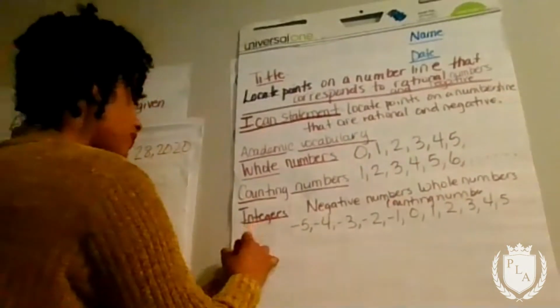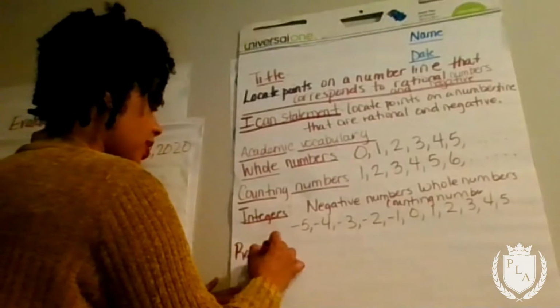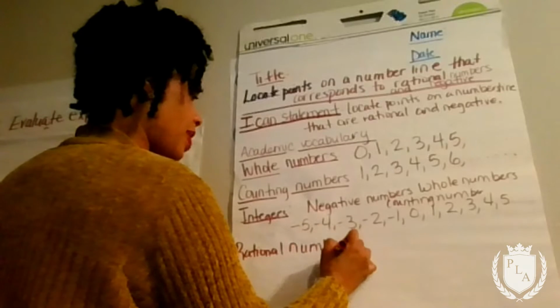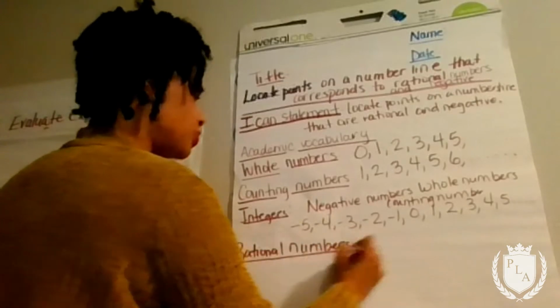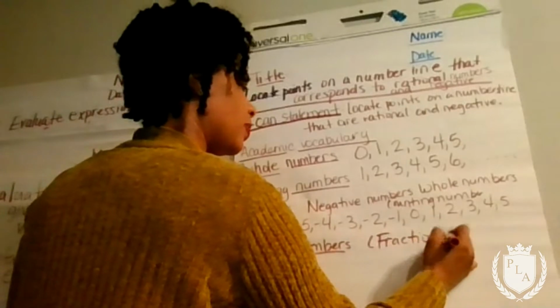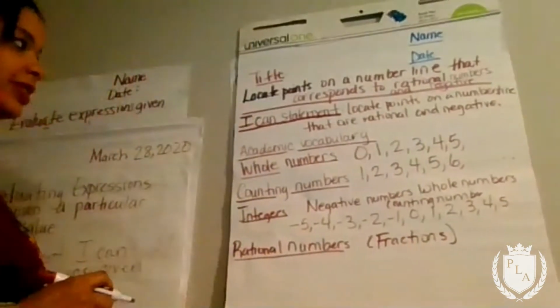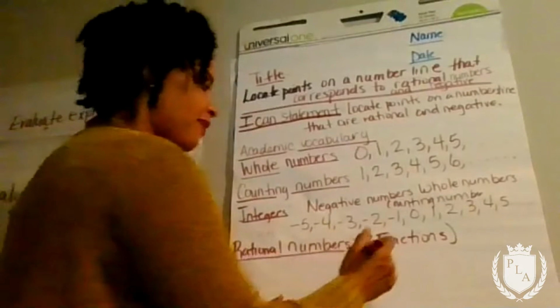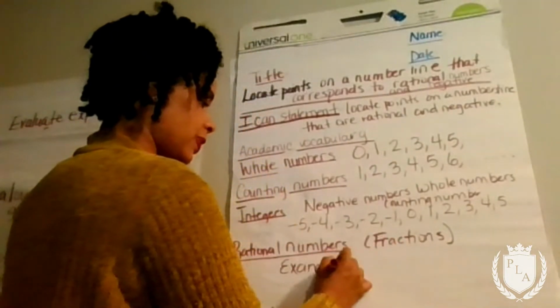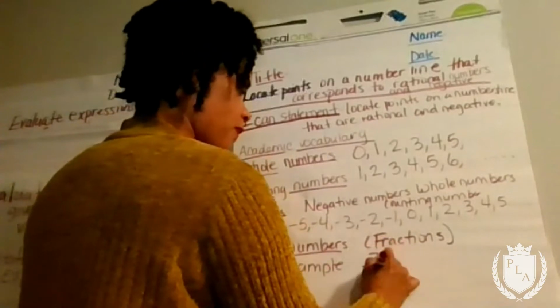And the one that is very important today is rational numbers, okay? And rational numbers are our fractions, okay? An example of a fraction, 3/4.